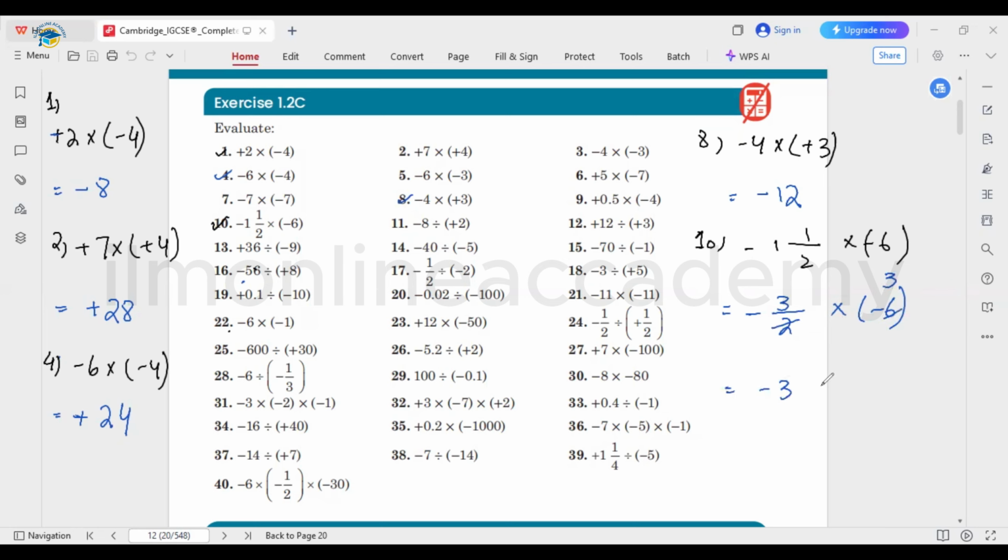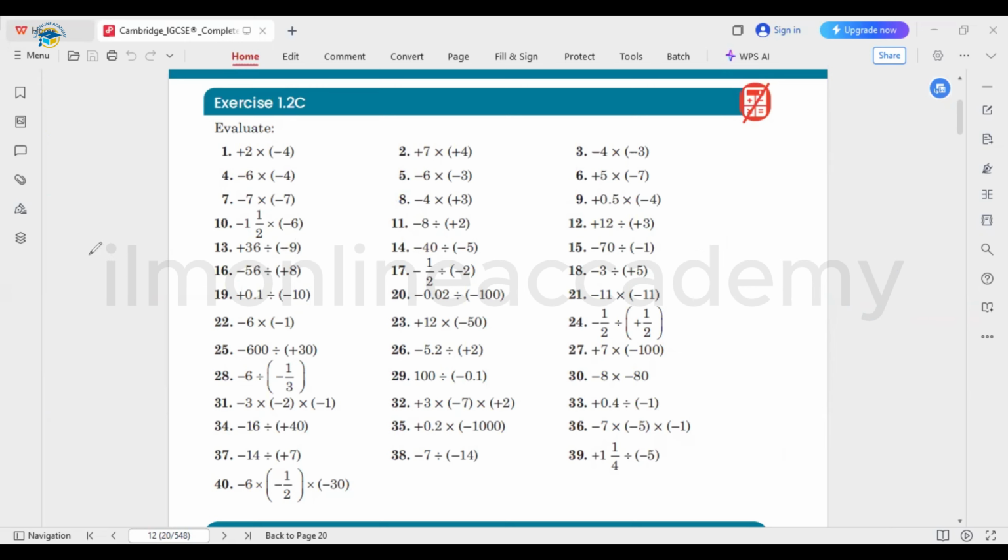Then negative 3 times negative 3. As both are again like signs, negative times negative would be positive, and 3 times 3 is 9. So this is basically the way to solve the multiplication with positive or negative signs. Okay, let's check how we can work on the questions that have the division sign.